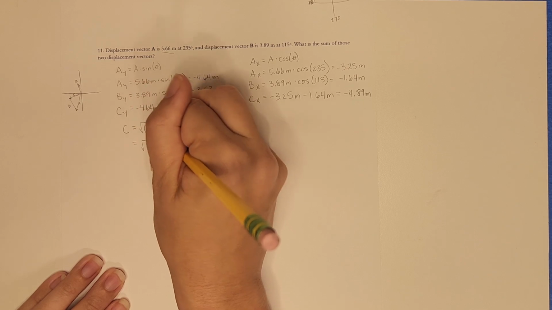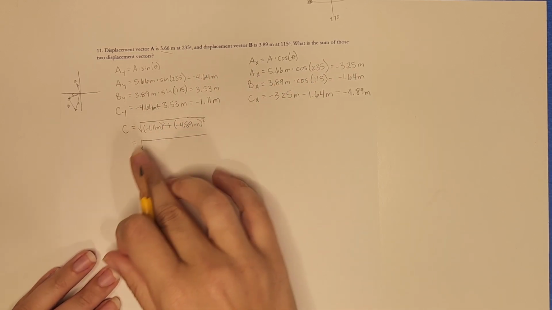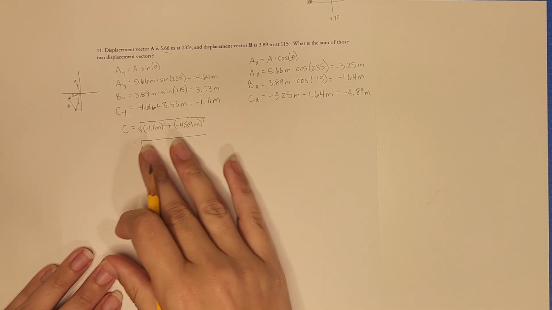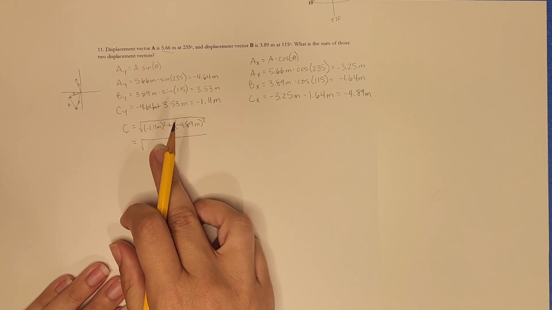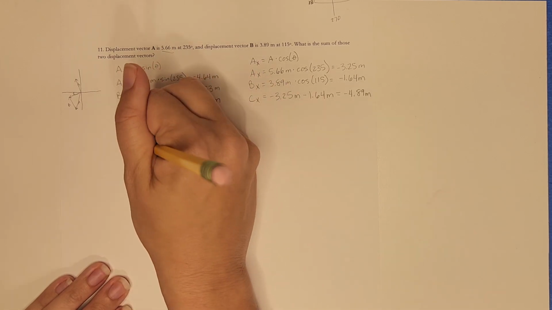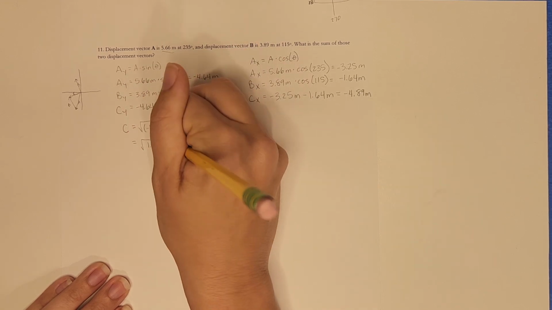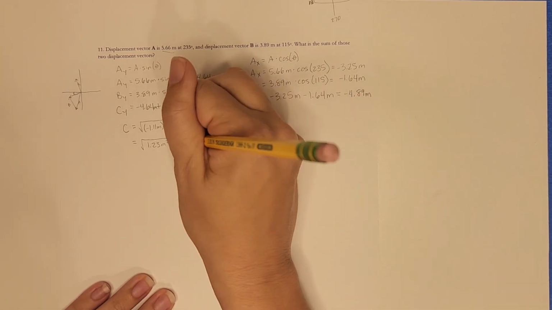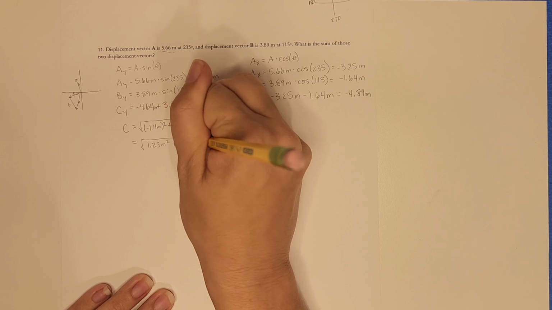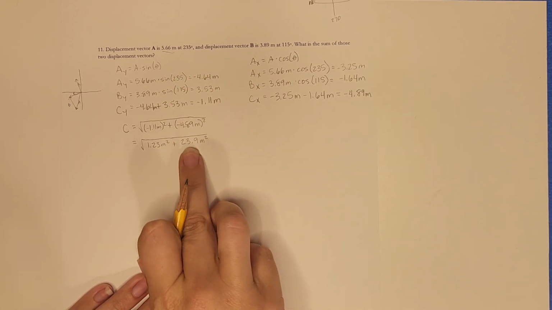And like I said before, I'm going to go ahead and do these squares and figure out significant figures before I add. So this negative 1.11 is going to get me 1.23 square meters, and the 4.89 is going to be 23.9 square meters, because I have to keep three significant figures.